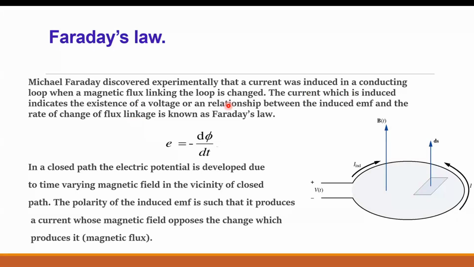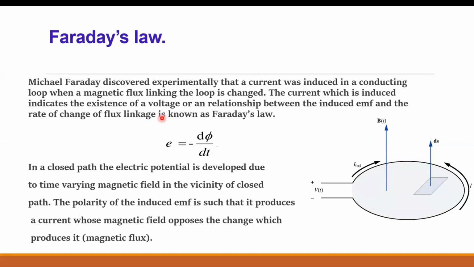The induced current indicates the existence of a voltage, and the relationship between induced EMF and rate of change of flux linkage is known as Faraday's law. So whatever EMF is induced on the secondary side of the transformer is linked to the variation of flux, and it is given by E is equal to minus d phi by dt. What is d phi?